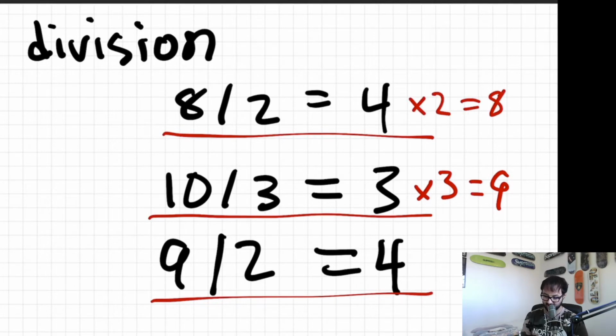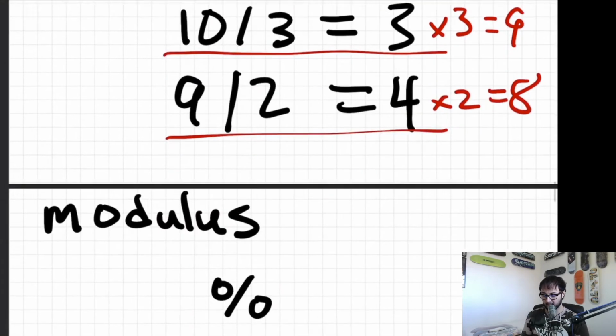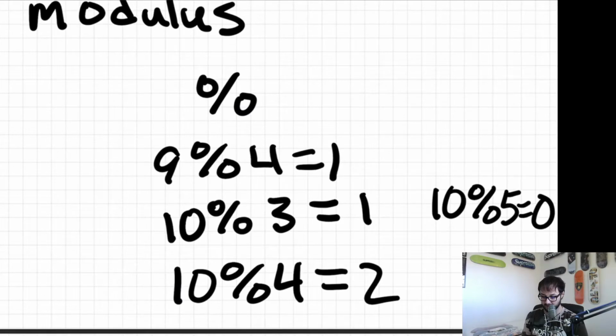And then this one is 4 times 2 is going to be 8. That's really weird because you're telling me 10 divided by 3 is 3, but then when I times it by 3, it's 9? Yeah, in computers, that's how it is. Because we do the remainder with the modulus operator.